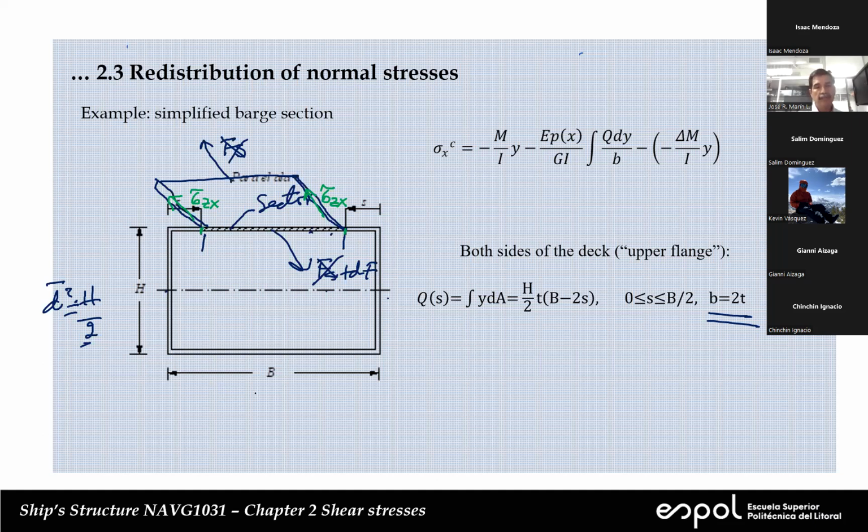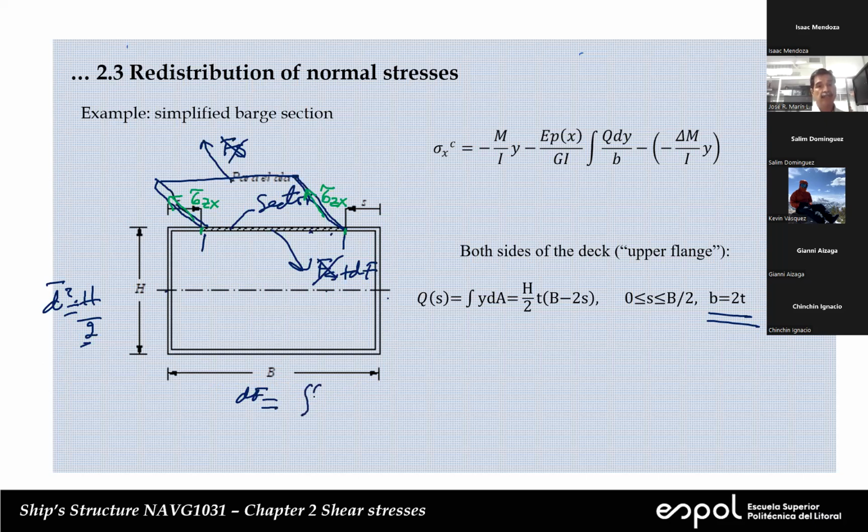Remember, what we do here is this. We know that the stress or Fs is the net force on the section. This net force on the section is the integration of sigma in the sector, right?